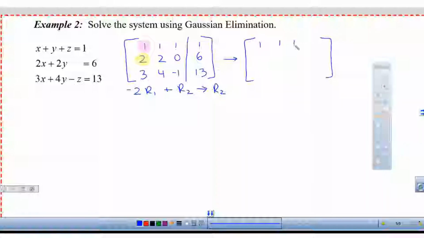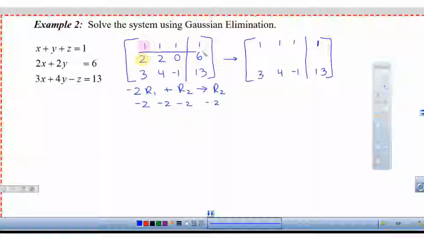So I'm going to go 1, 1, 1, solid line 1. Row 3, 3, 4, -1, 13. Now underneath this formula, I'm going to take a -2 and multiply it across the entire top row. 1 times -2 is a -2, -2, -2, -2.